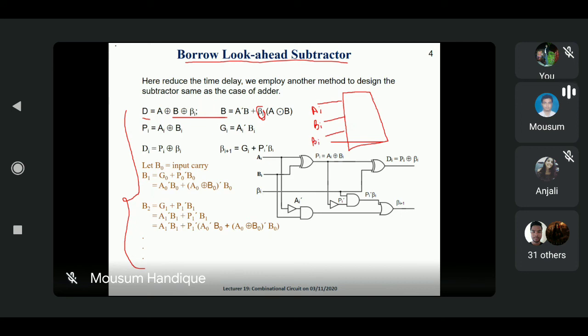Suppose DI is generated. D means difference, and some particular beta I plus 1.